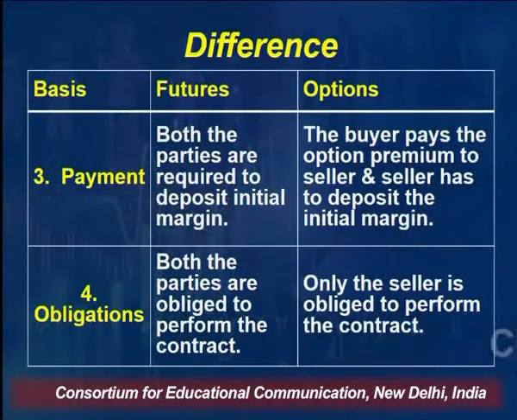Payment. Both the parties are required to deposit initial margin, because both these derivative contracts, whether future or options, are exchange traded. They take place through exchanges. So whenever a future contract is made by the two parties, they have to keep a certain initial margin, because exchanges want that there is no default because of the fault of one of the parties, either buyer or seller.